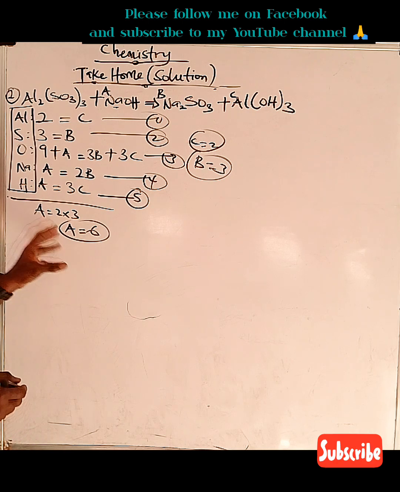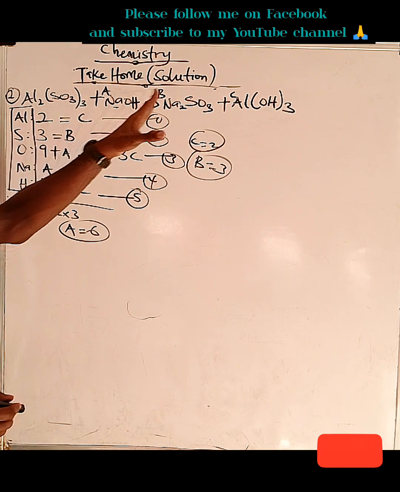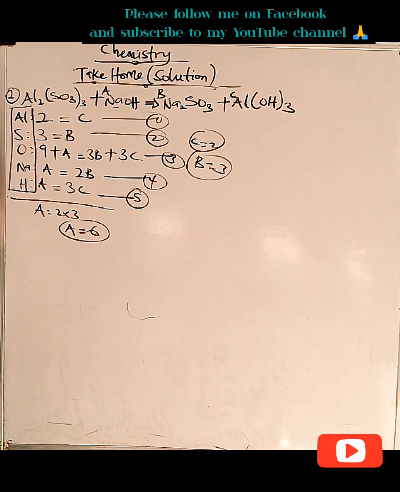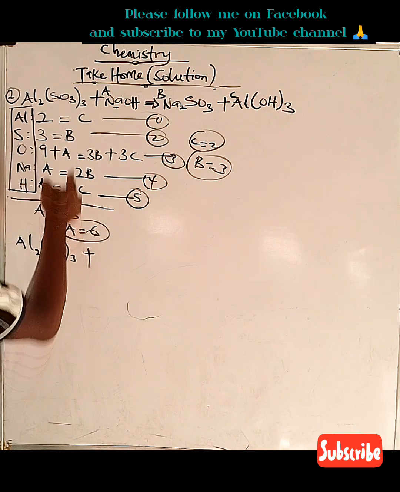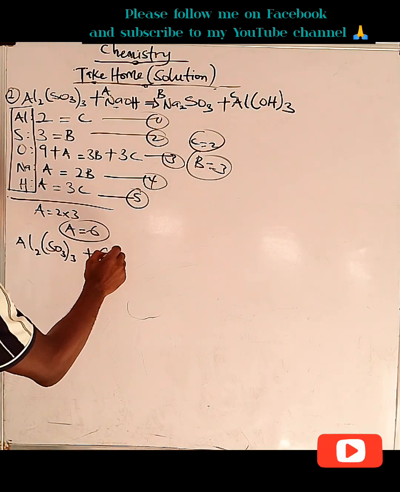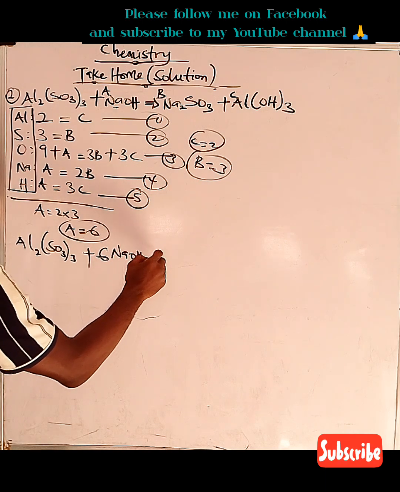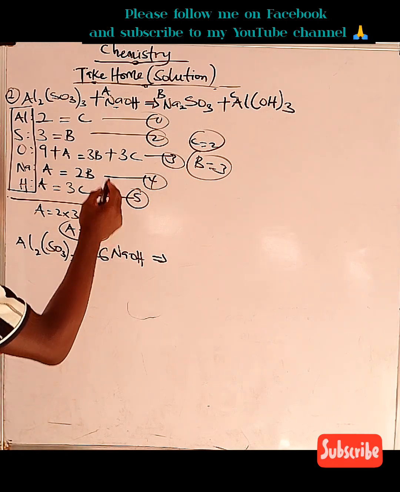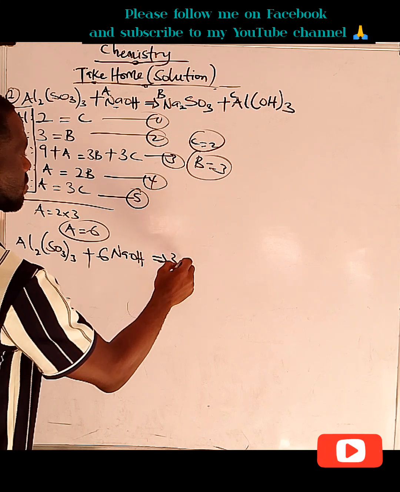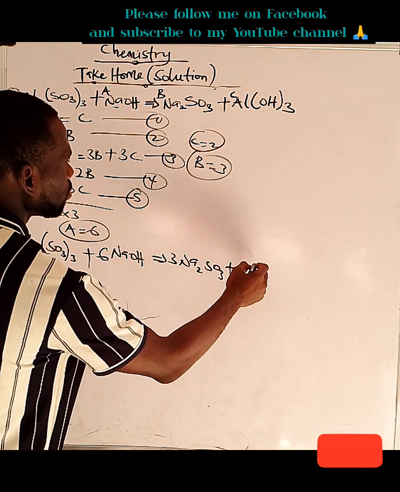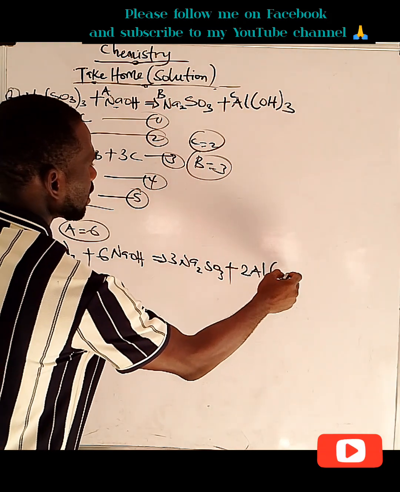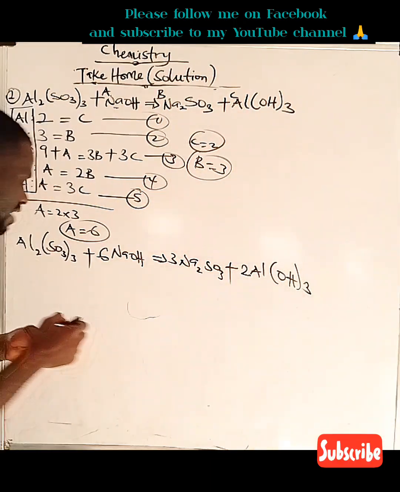Next, we're going to take all this and fix it into the non-redox chemical equation. So let's do that. We have Al2(SO3)3 plus A, which is 6, NaOH, then B is 3 times Na2SO3, plus C is 2 Al(OH)3.